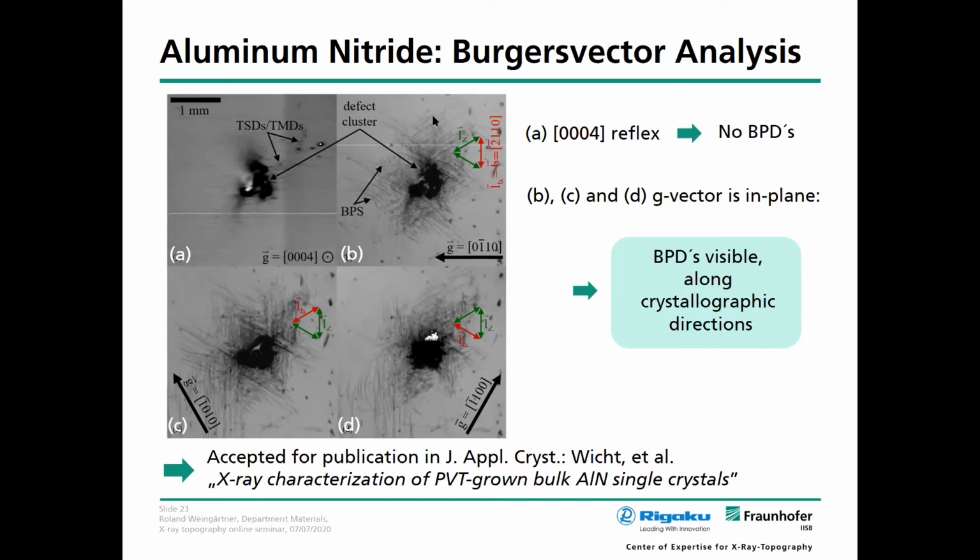And you see that if the g vector is perpendicular to the Burgers vector, we cannot see the basal plane dislocations. The red basal plane dislocations on this vertical side are not seen here, but they are seen there. And here the other ones, perpendicular to the g vector, are not seen. This is of course expected due to the g·b criterion. So in this sense, you can analyze the Burgers vector of these basal plane dislocations.